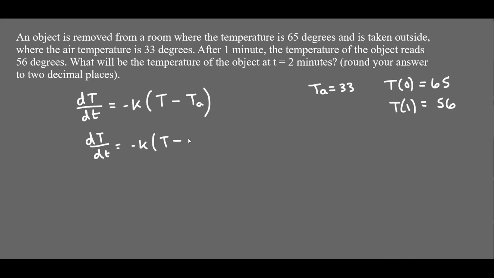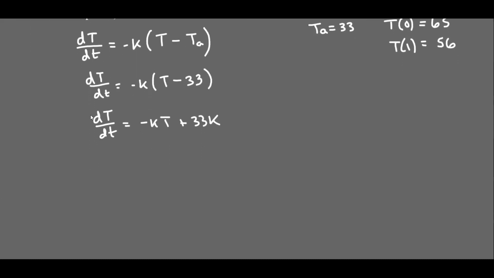So T sub A is 33. I'm going to get rid of the parentheses. And we can say this is a linear equation with respect to temperature. We're going to move this T to the left. So let's call it T prime plus KT equals 33K.